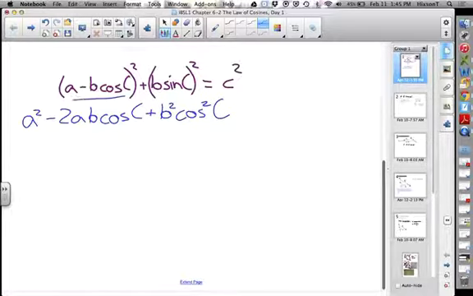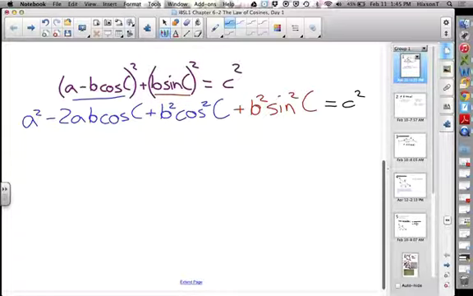That's all just this FOILed out. Then we have this squared, so it's plus b squared sine squared of c. Okay, and this all equals side c squared.